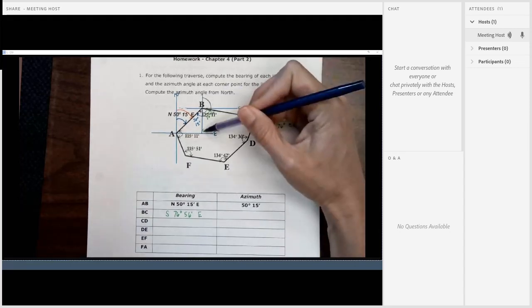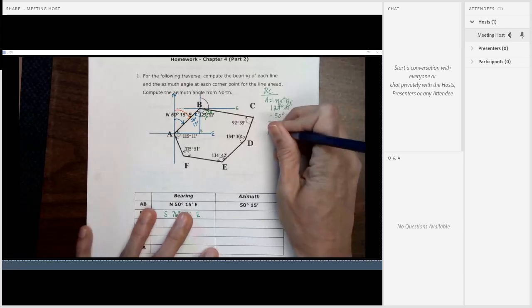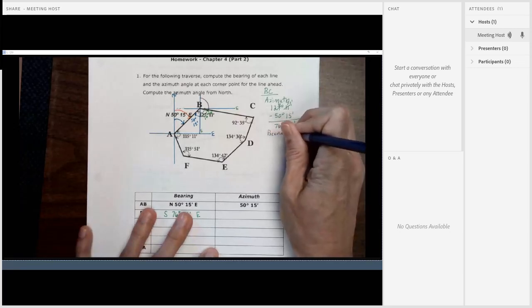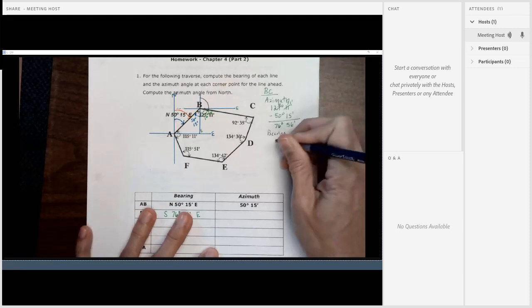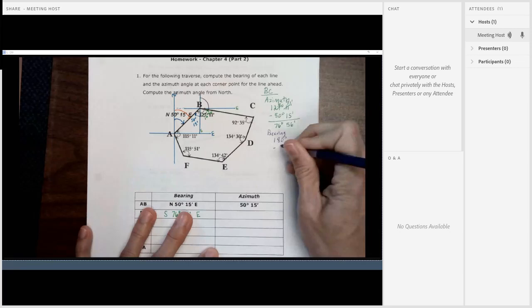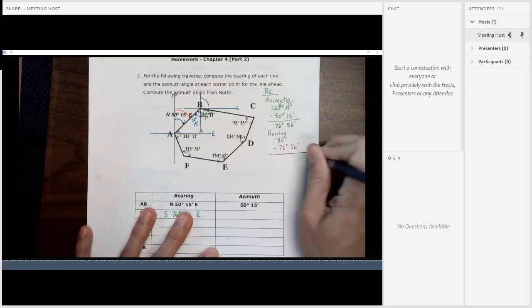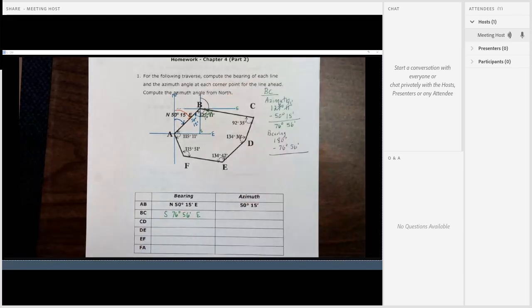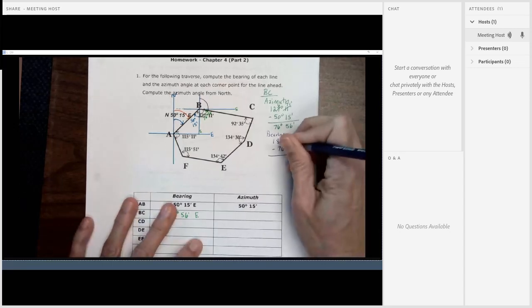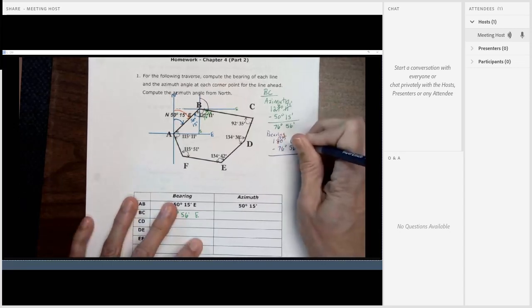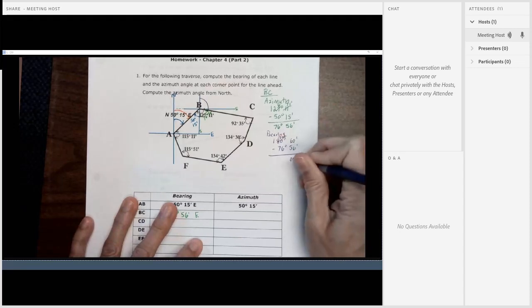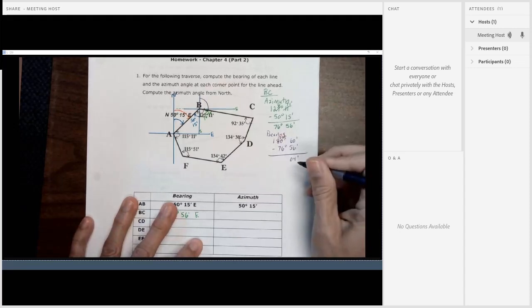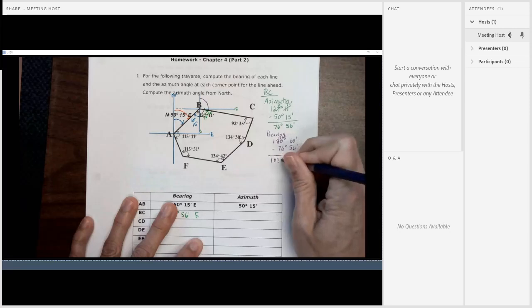That's going to be 180 degrees. So to find this bearing for line BC, I'll take that 180 degrees and I'll subtract that 76 degrees, 56 minutes. That's the bearing, and also just that part that I don't need for the azimuth. So I'll go ahead and borrow here. I'll make that 179 and this becomes 60. So this becomes 4 minutes and 103 degrees.